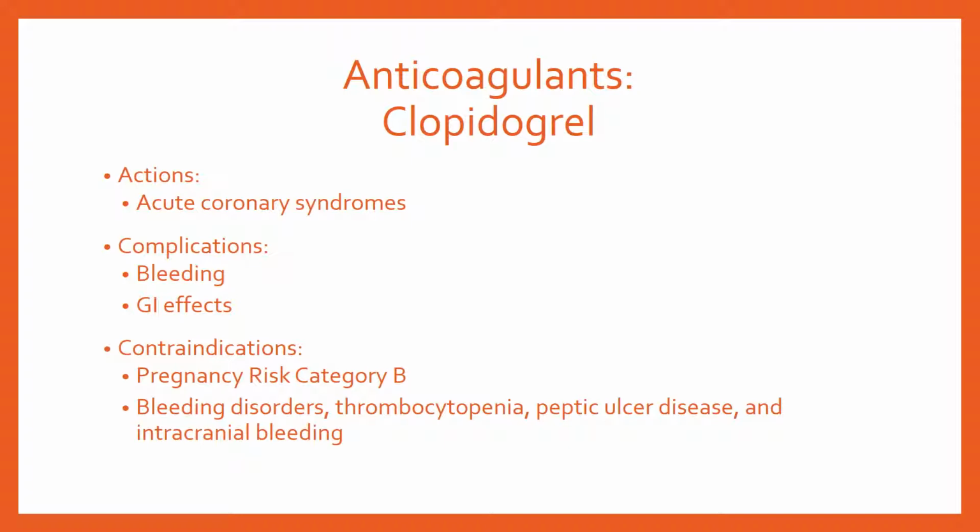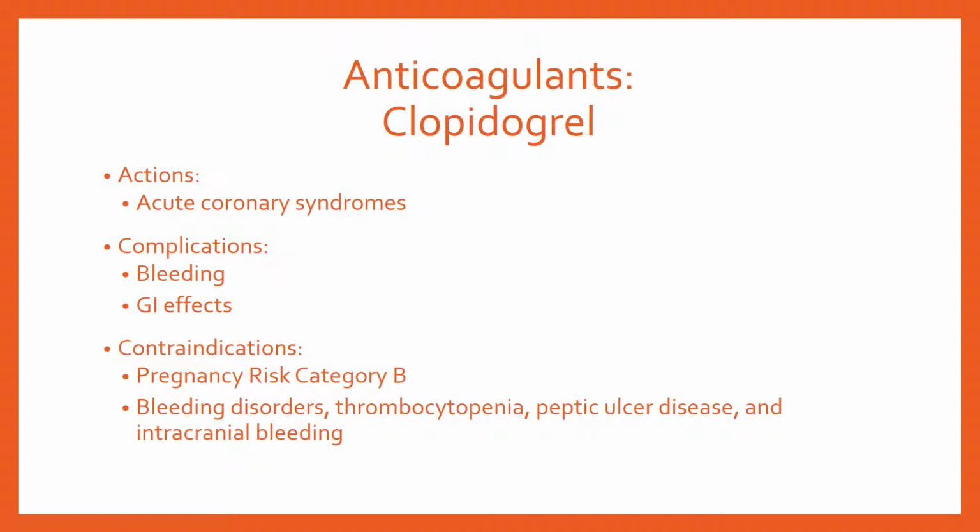If they have a cath and they're on a cardiac catheterization, then you need to have access to that site and apply pressure so they don't bleed. And then your GI effects are diarrhea, dyspepsia, and pain, which is more your heartburn.